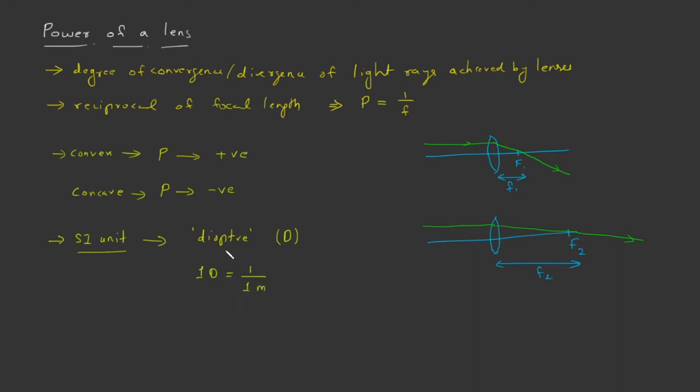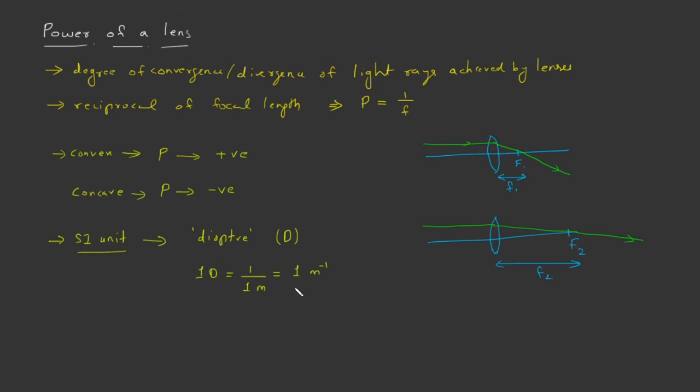So what is 1 diopter? 1 diopter is defined as the power of a lens with a focal length of 1 meter. So we can say this is equal to 1 meter raised to minus 1.